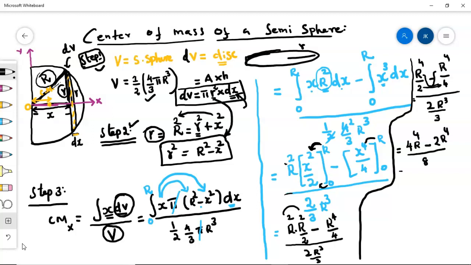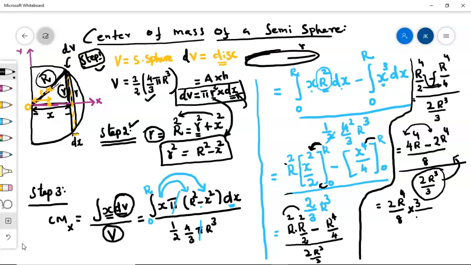It's a mathematical calculation. Whole divided by 2r cube divided by 3. When you subtract these two terms, you will be getting 2r to the power 4 divided by 8, multiply by, take the reciprocal of this. When it goes to the top, it will be 3 divided by 2r cube.